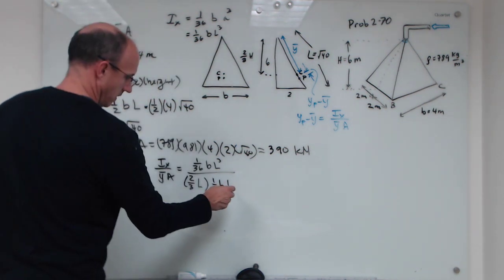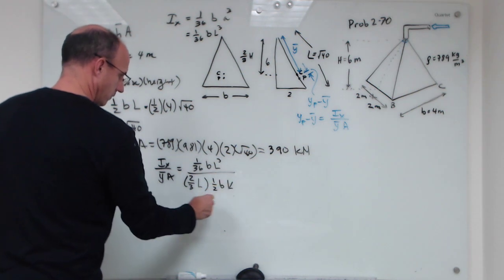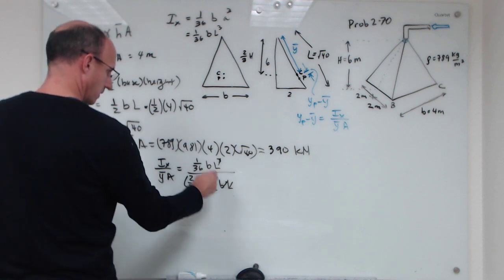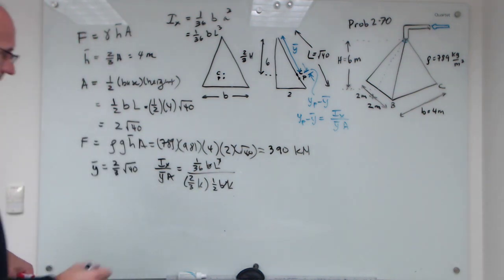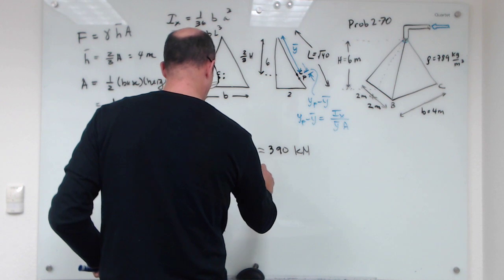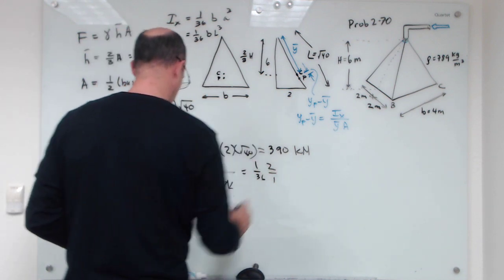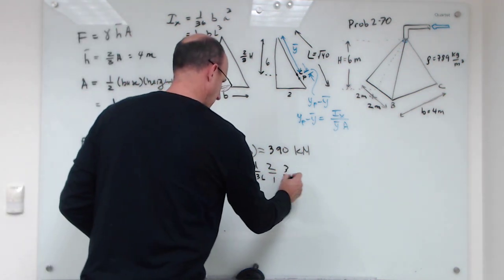Now if we do some cancellations, the B's cancel, and I end up with 1/36, this becomes 2/1, this becomes 3/2.